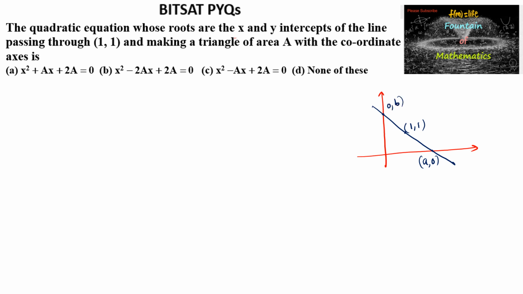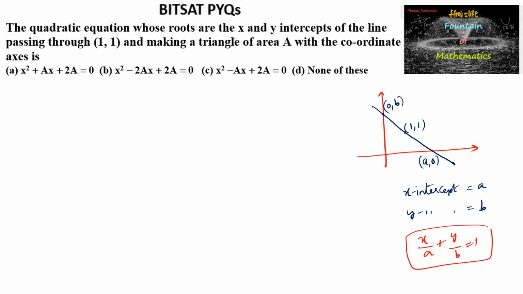b. So we can say x-intercept is a and y-intercept is b. So the equation of the line we can write x upon a plus y upon b is equal to 1.